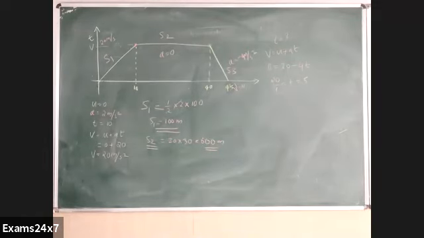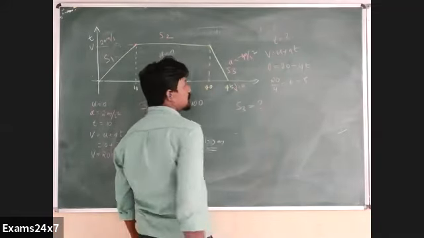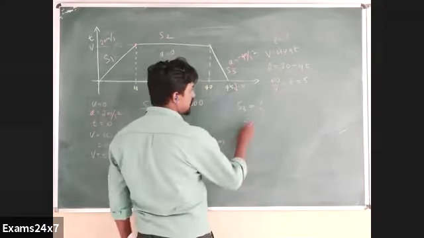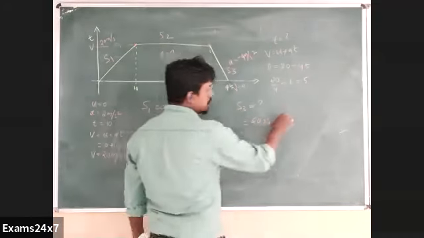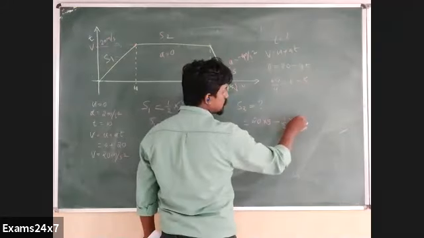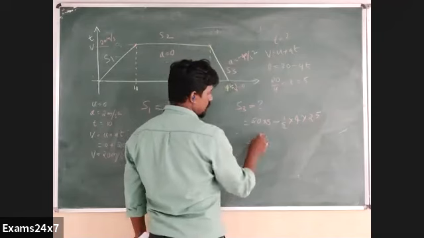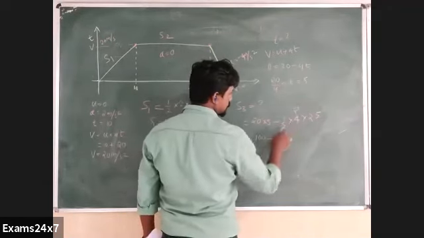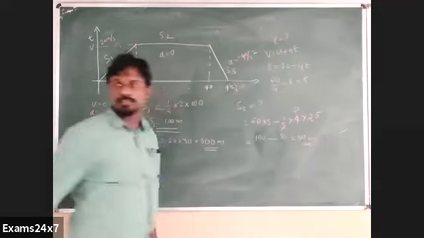Correct. Now S3. ut minus half at square. What is ut? 20 into 5, T is 5, minus half into a, which is 4, into t square, which is 25. 20 into 5 is 100, minus 50, that is 50 meters. What is the total displacement?